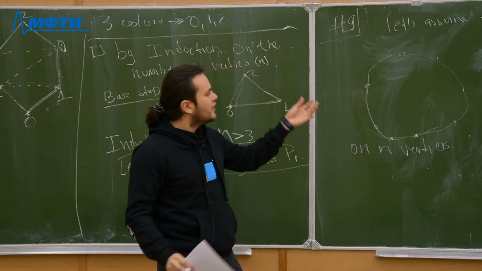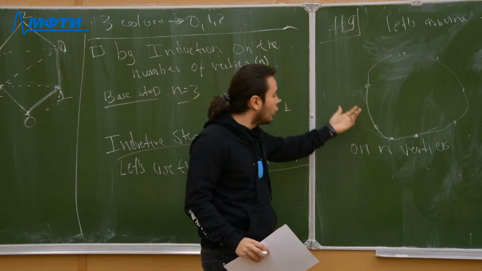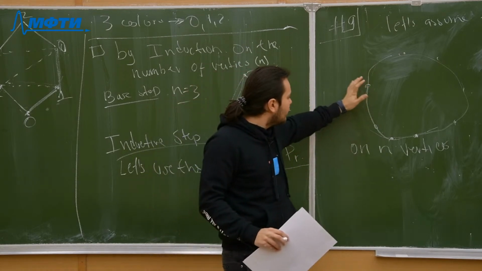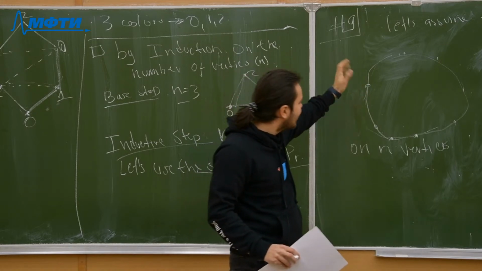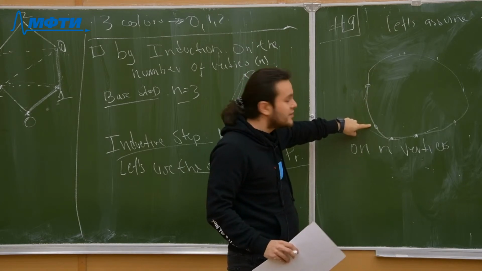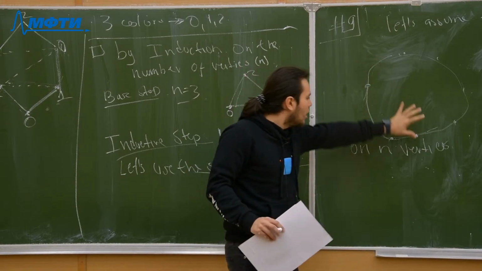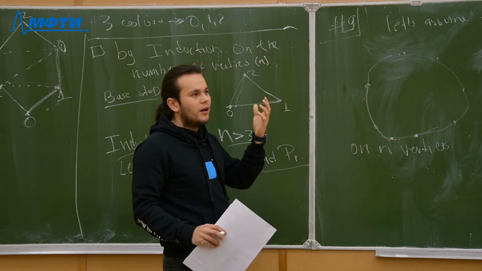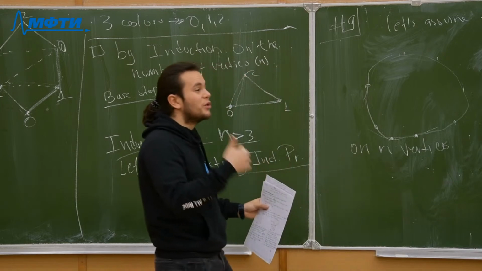I want to show that the condition holds for this convex polygon, so that if I know that all the vertices of this convex polygon are colored in 3 different colors, such that no joining vertices have the same color, then I can triangulate this in such a way that each triangle has vertices with all 3 colors.